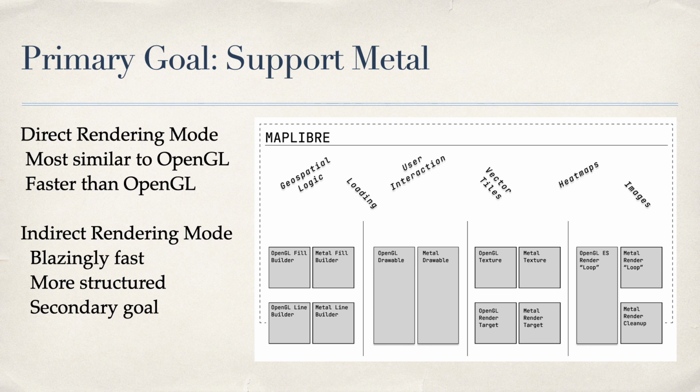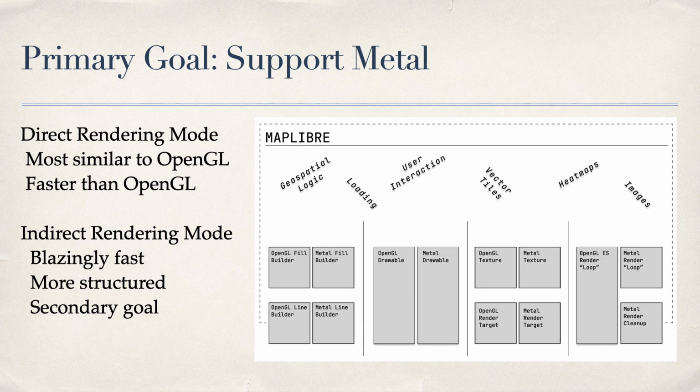So you can tell it draw 20,000 triangles, and that's about where you want to be. Like you don't want to be doing individual triangles, but you do want to be doing big groups of triangles. And that's direct mode. It's like draw this group of triangles onto this next group of triangles. Okay, now get it all to the screen. So the rendering mode for Metal should be much faster than OpenGL if you're not CPU bound.